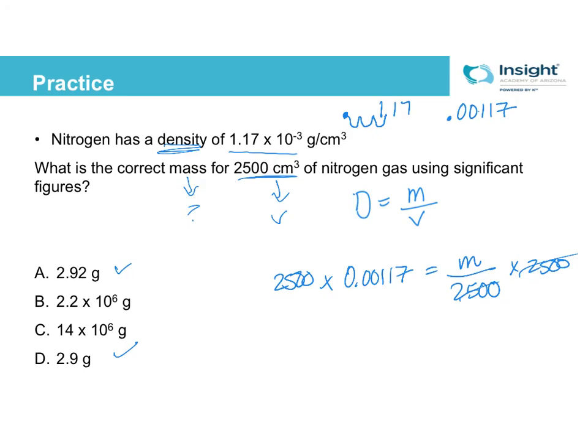What's the smallest number of significant figures that we had? How many sig figs does this number have and how many does that number have? Got 3 here and 2 there. If you have measurements, the number of sig figs you can have when you're done calculating has to be equal to the smallest number in your measurements. So that makes D the correct answer because that only has 2 sig figs.